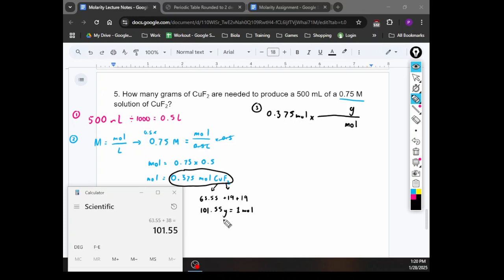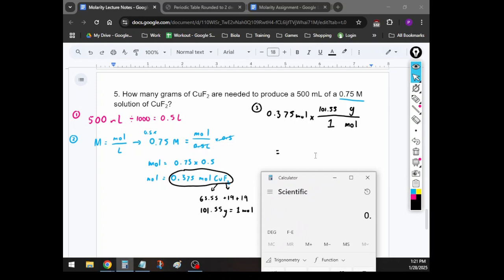Then we plug in the molar mass: 101.55 on the top because that's where grams is, and 1 on the bottom because that's where moles is. All we have to do here is multiply, and that'll give us our final answer. So 0.375 times 101.55. And so our answer will be pretty much 38.08 grams of CuF2.